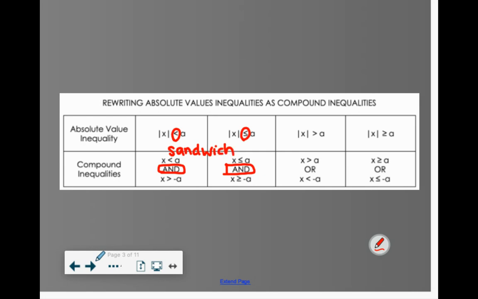I call these the sandwiches because they go between two numbers like this. Right? And then over here with your greater thans, you have your or. Okay? And that means that these are going to go opposite directions. So something like this.